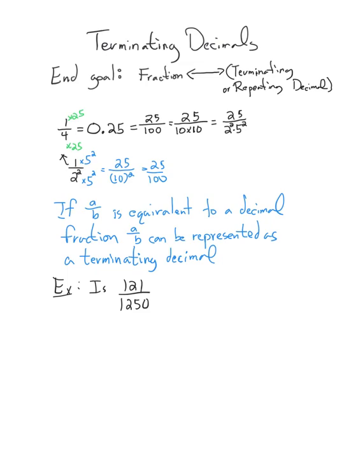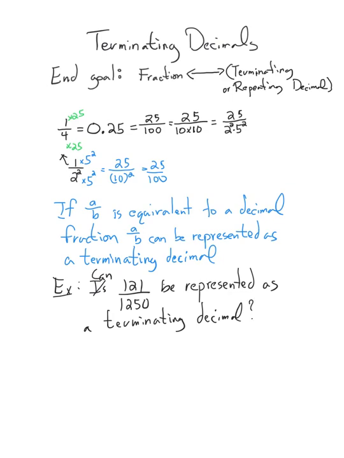Or maybe can that be represented as a terminating decimal? Well, let's look at our denominator. Remember, whatever is in the numerator, in some sense, doesn't matter. We'll talk about that in an example after this.